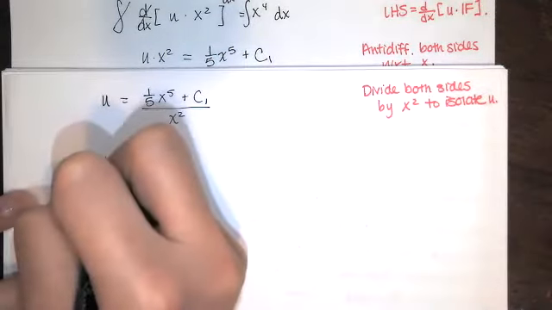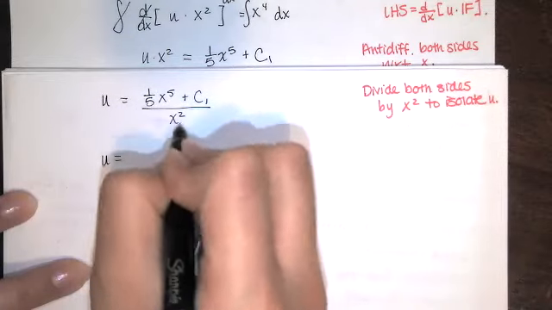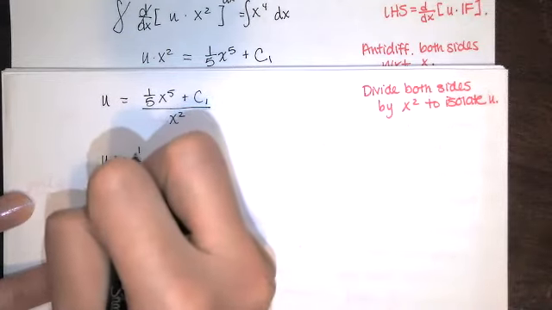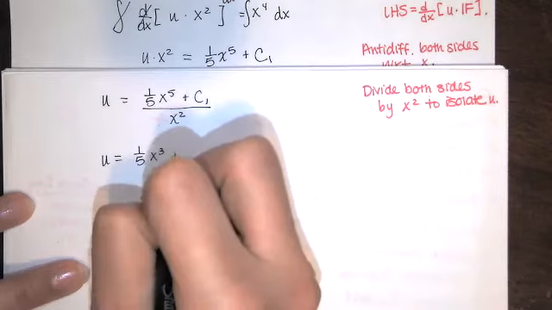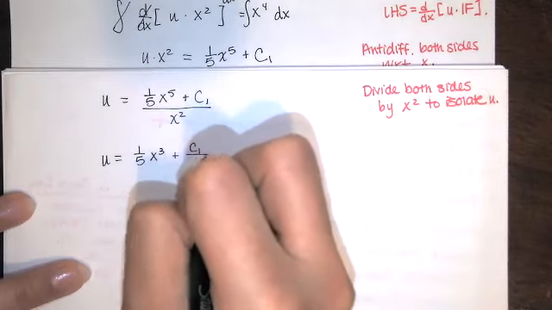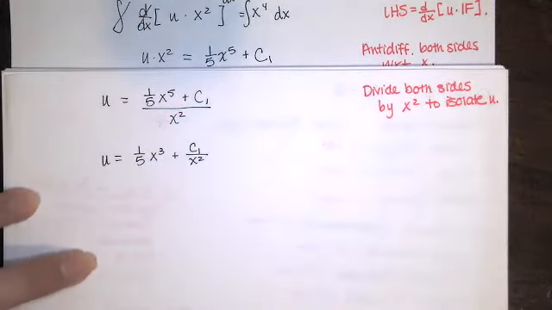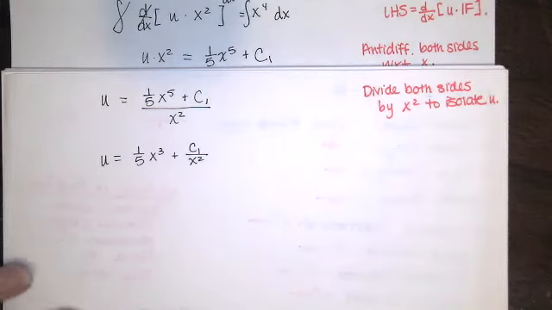Now, if you want to, you can simplify that, dividing each of these terms by x squared. So I'll have 1/5 x to the 5th divided by x squared will be x cubed, because 2 of those will reduce. And then I have a c1 over x squared over here, or you could call that c1 times x to the -2 if you want to.